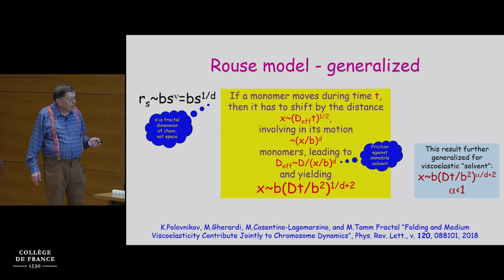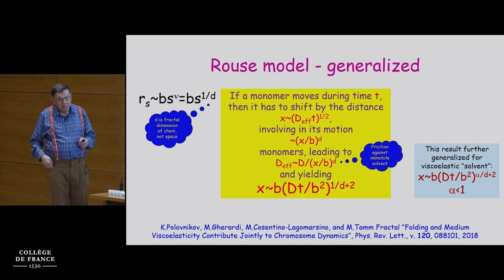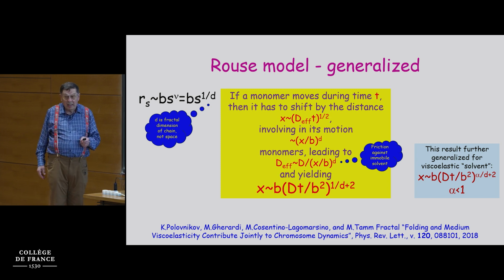In fact, the people who generalized Rao's model showed something else: there is a coefficient alpha if this fantastic solvent is not just a regular solvent that does not react to you moving through it, but is also viscoelastic somehow.